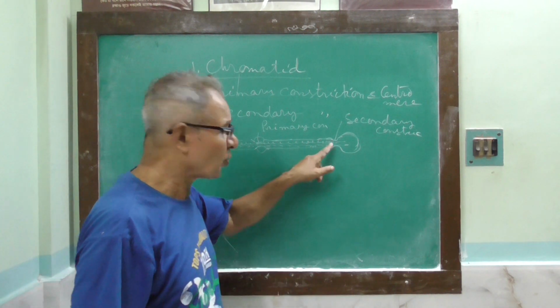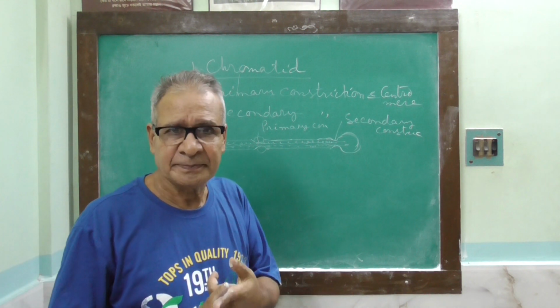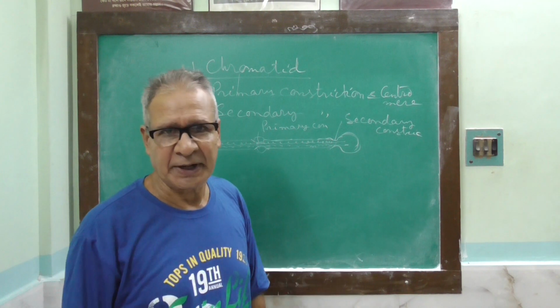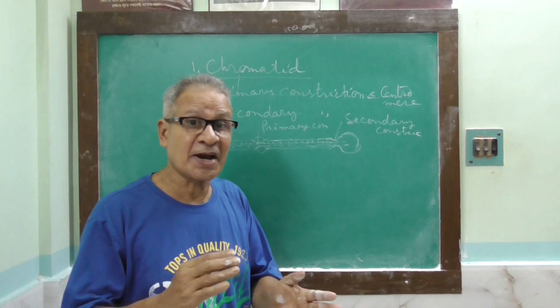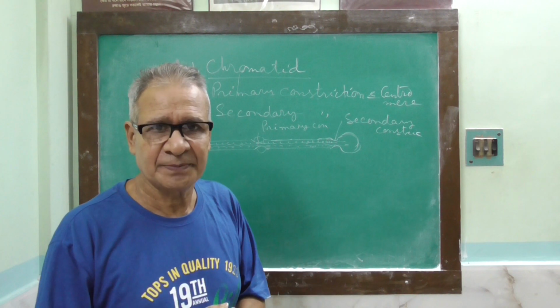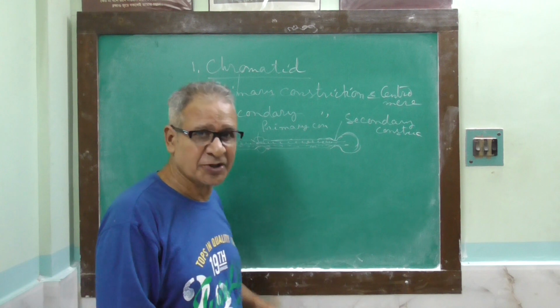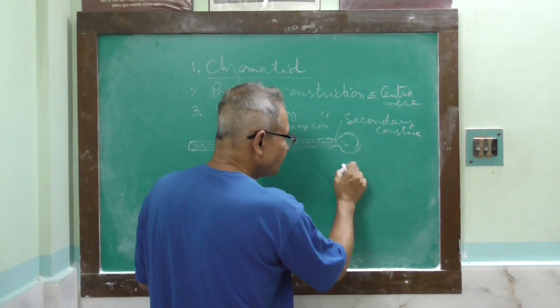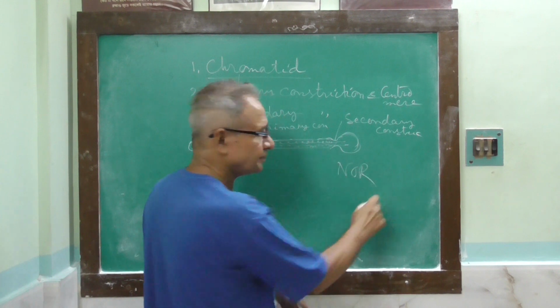If the secondary constriction, that is the DNA molecule, contains rDNA, ribosomal DNA, which synthesizes rRNA and ultimately the nucleolus, then this constriction is known as the nucleolar organizing region, NOR.